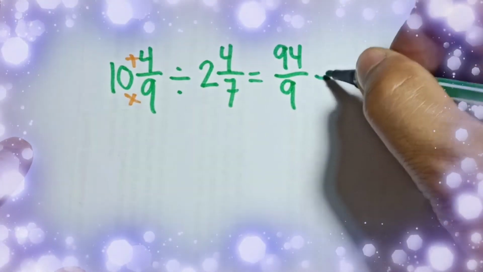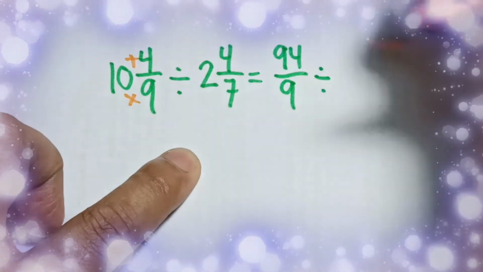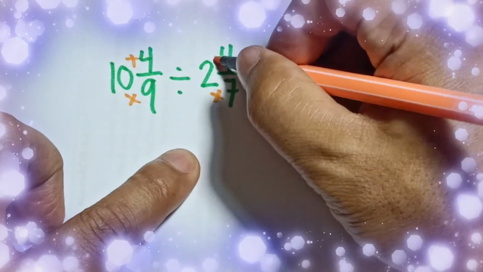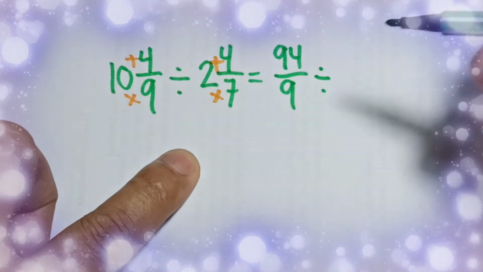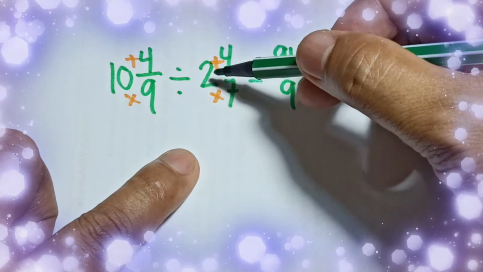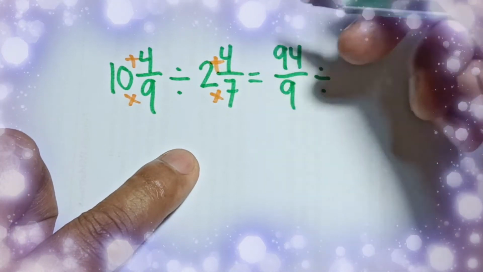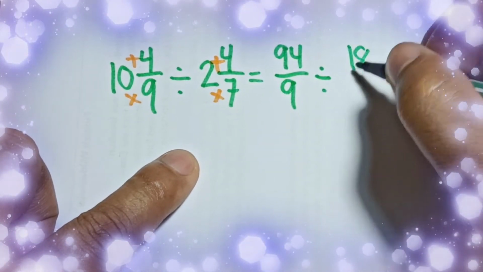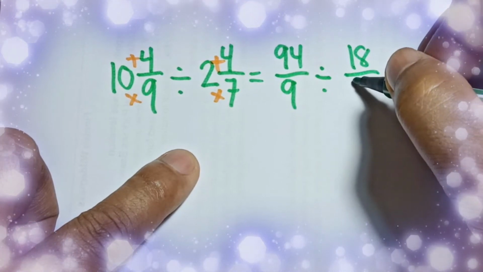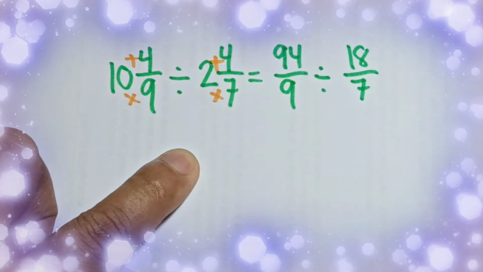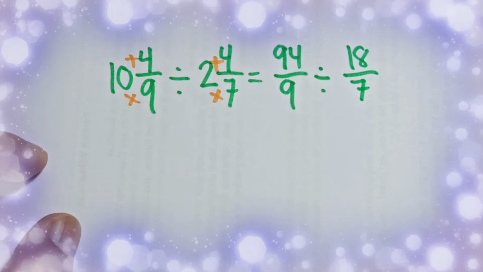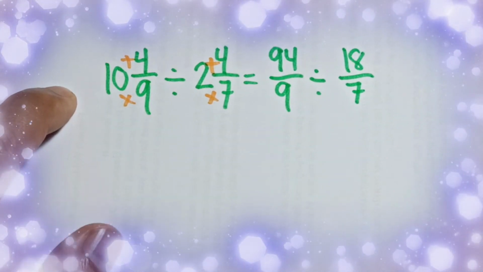Divided by, the same process: 7 times 2 plus 4. So 7 times 2 is 14 plus 4 is 18. So you have 18 over 7. Okay, so we converted the mixed numbers into improper fractions already.